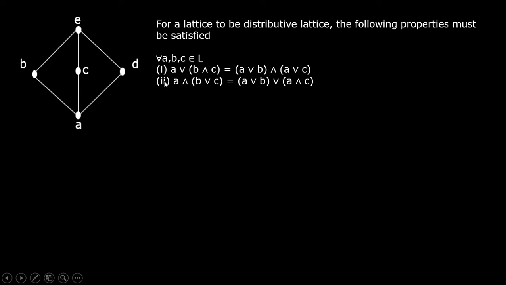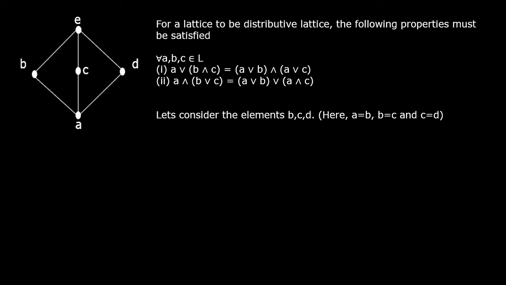This means we have to consider three elements at a time. Those could be any three random elements, and they must be elements of this particular lattice only. So let's find out whether this particular lattice is distributive or not.